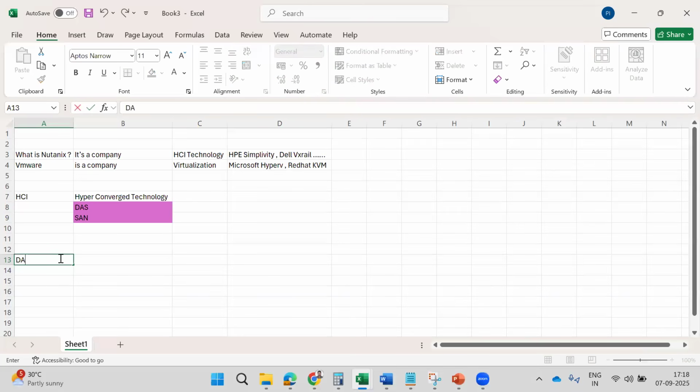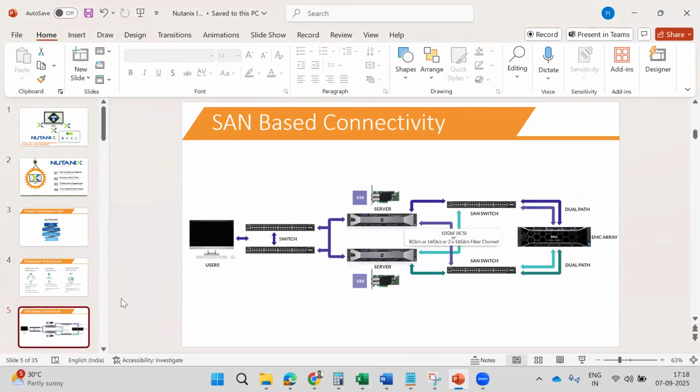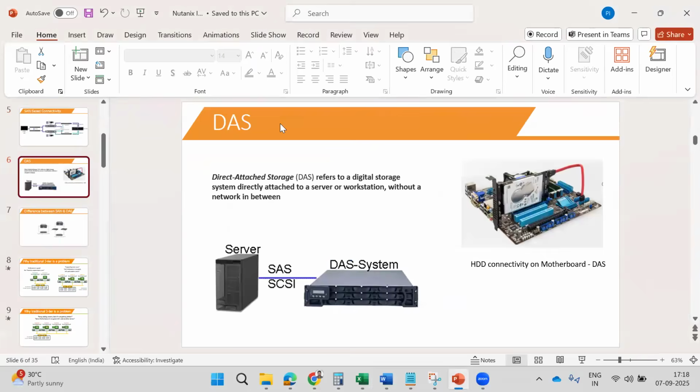So now let's start with DAS. What is DAS? This is DAS. You can take your laptop as an example. In the laptop, or a desktop computer, we have a motherboard. The hard disk or SSD is directly connected to the motherboard.